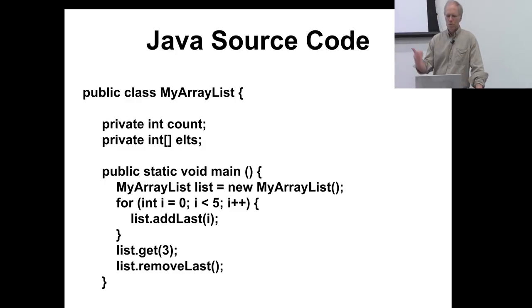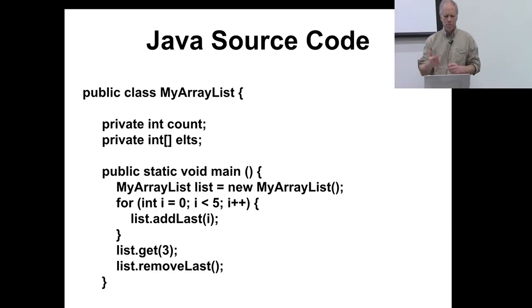So we're going to play around with this program today. This is the myArrayList that we did early in the semester. So remember, it has an array of elements and an integer that tells you how many elements are actually in the list. And every time the array fills up, we double its size, so we don't have to keep increasing it every time we do an insertion.